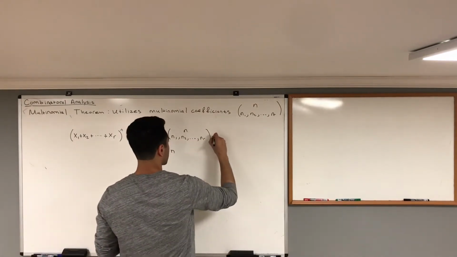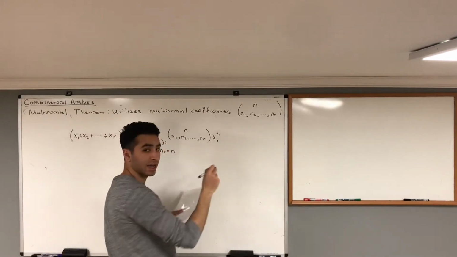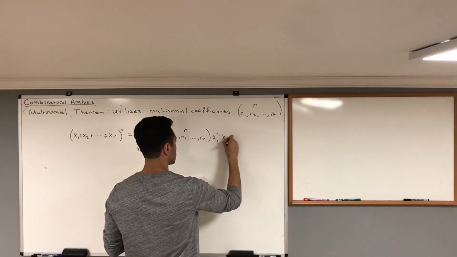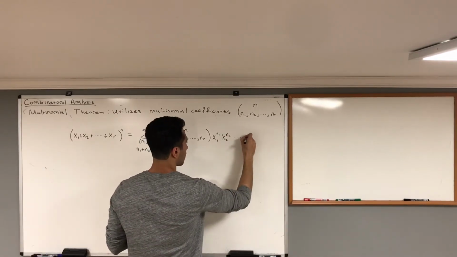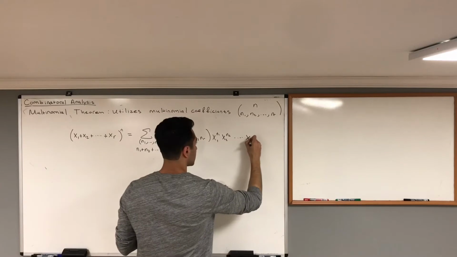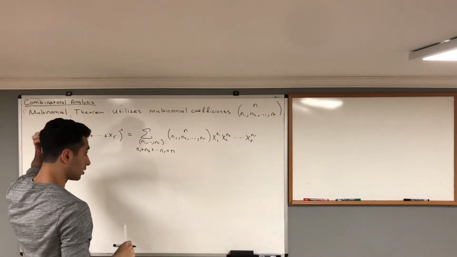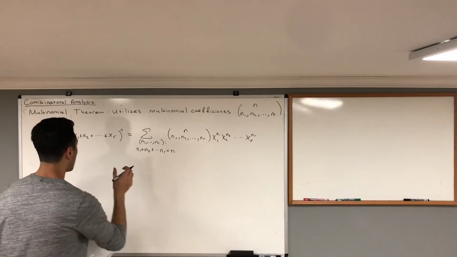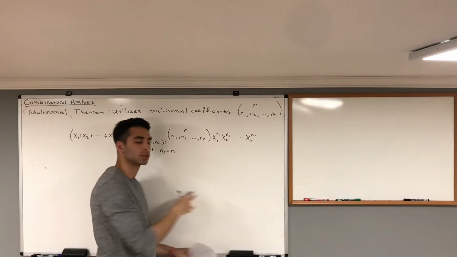And then you're multiplying by x1 to the n1 power times x2 to the n2 power times all the way until you reach your last xr to the nr power. So remember, you always have the same number of x's as you have n's, and that's how it's always going to be.